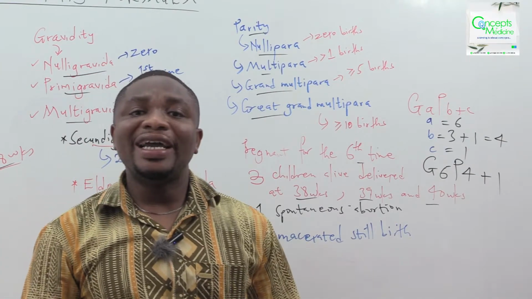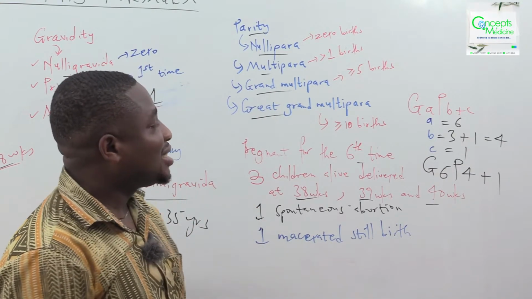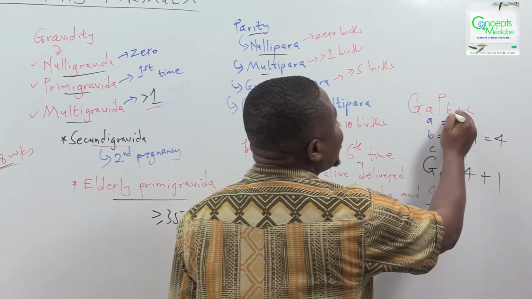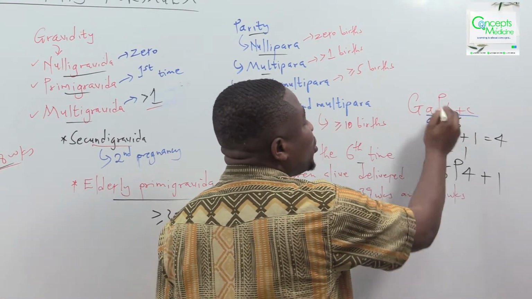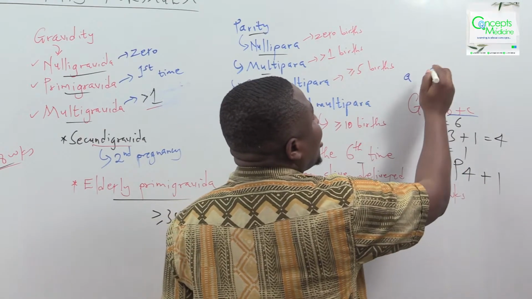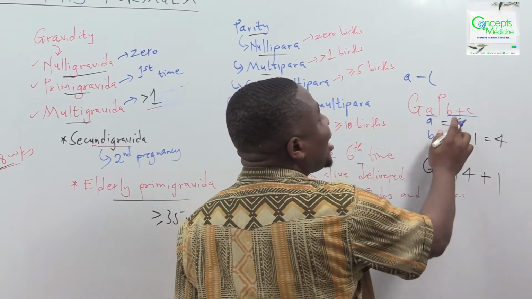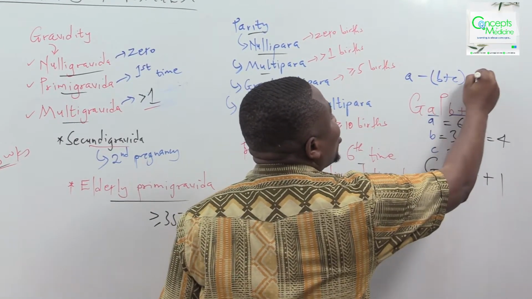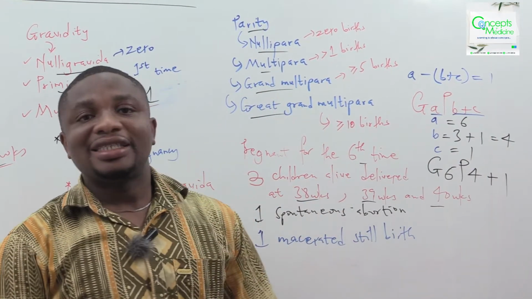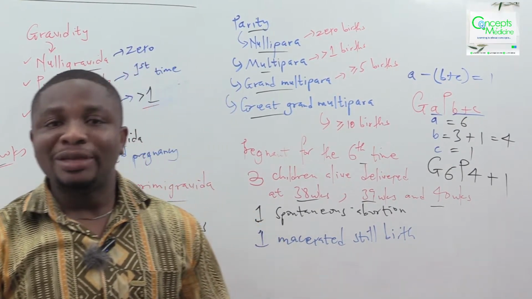Another trick that can guide you is that if you take the sum of B plus C and compare it to A, A would always be greater than B plus C by 1. So A minus (B plus C) should always give you 1. And that is how you are going to know that you are on the right path.